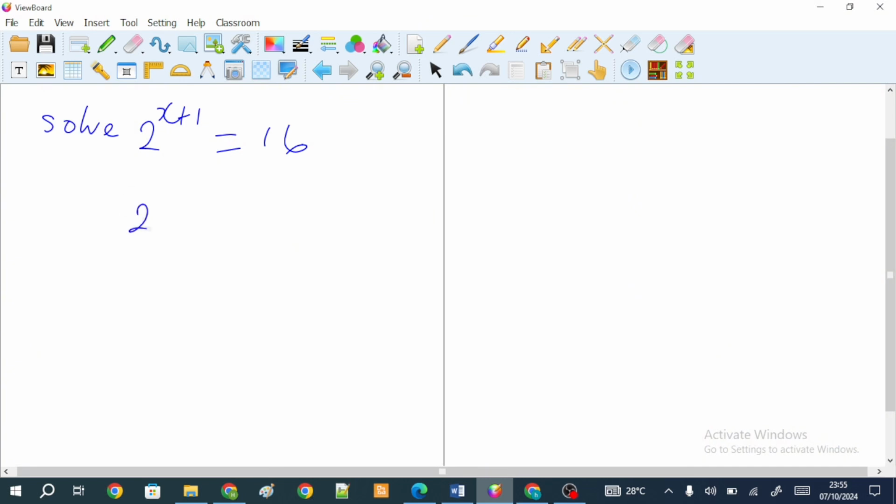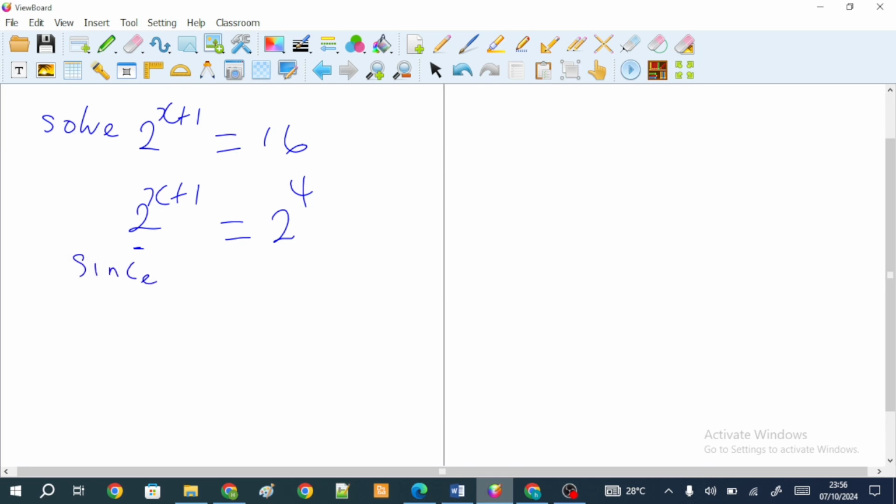So instead of writing 16, we're going to have 2 raised to the power x plus 1 on the left hand side, and for 16 we write 2 raised to the power 4. 2 raised to the power 4 is the same thing as 16, but we want to write it to base 2 because on the left hand side we have a base of 2 already.